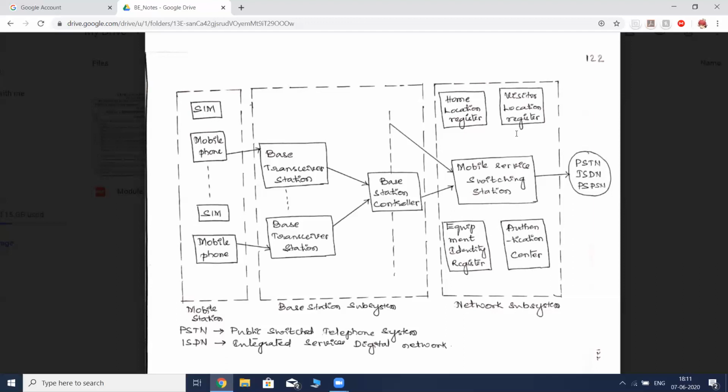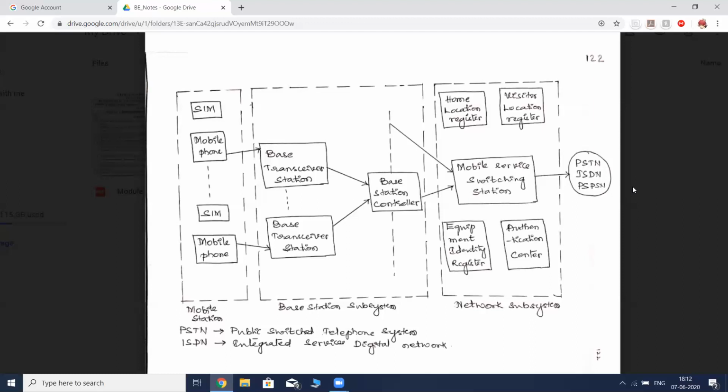Once all this authentication is done, only then will the call be switched to the public switched telephone network, and it goes through the line afterwards. This is how the mobile unit is used.